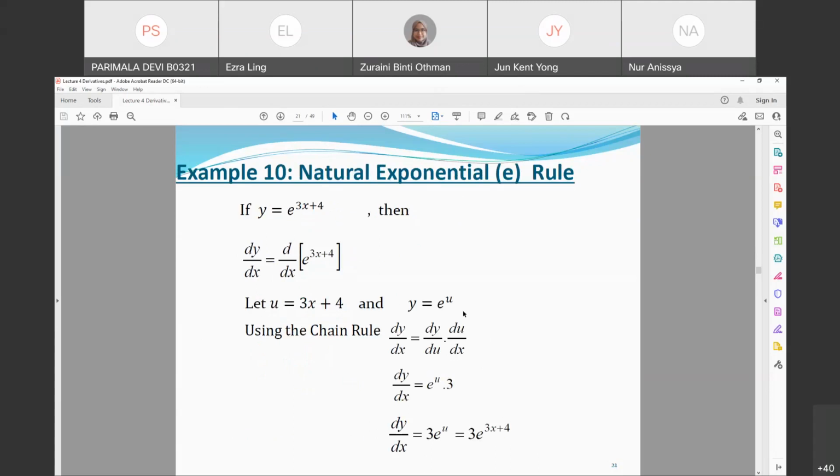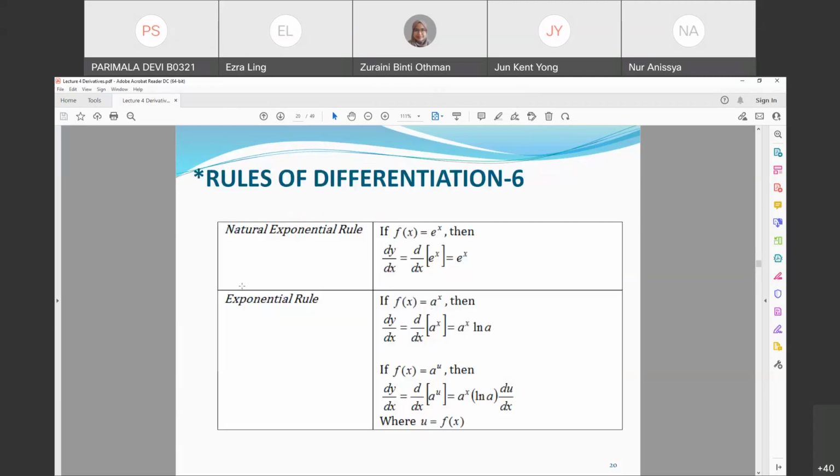Okay, this is natural exponential rule. Kat sini, kita tahu eksponen x sentiasa akan dapat eksponen x juga. Dia tak berubah bila kita differentiatekan. And for exponential rule, okay, this is natural exponential rule, exponen x.